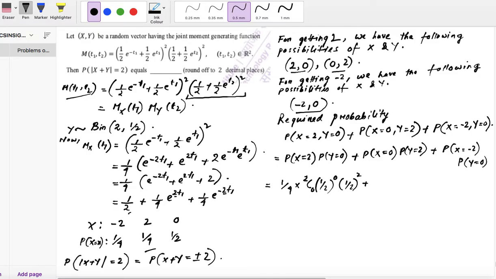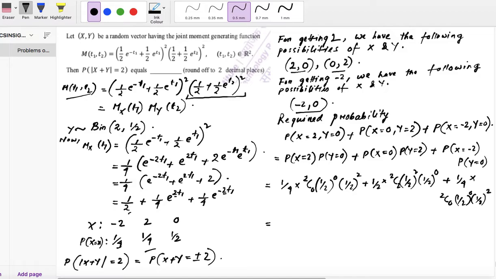Probability of X equal to 0 is half, Y equals 2 is 2C2 half to the power 2 and half to the power 0, plus X equals -2, 1 by 4, into probability of Y equals 0, which is 2C0 half to the power 0 half to the power 2.